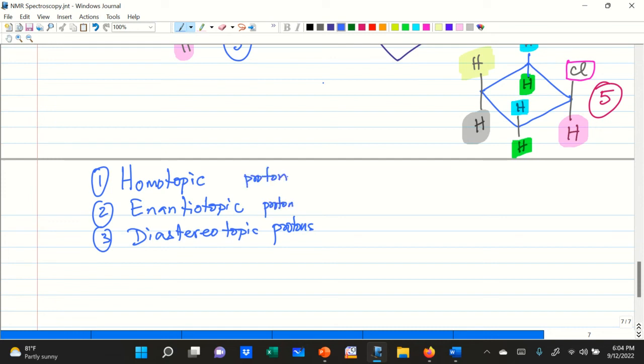Homotopic protons, here is the interesting conclusion about them. Homotopic protons have the same chemical shift. By the way, they all refer to CH2s, with 2 hydrogens on them.